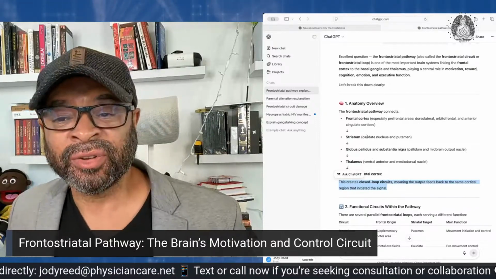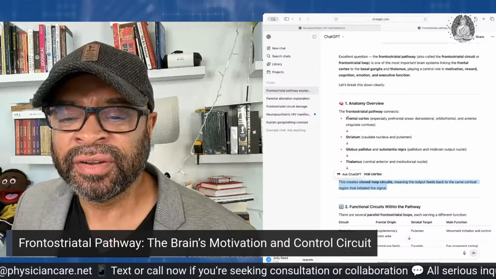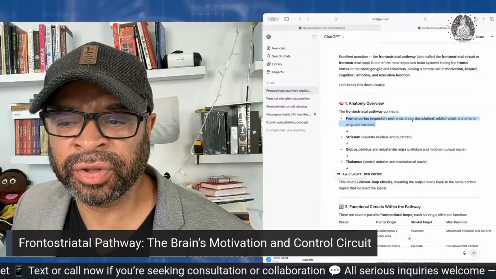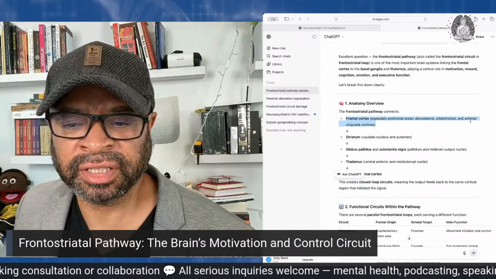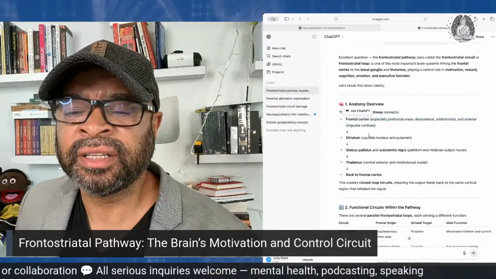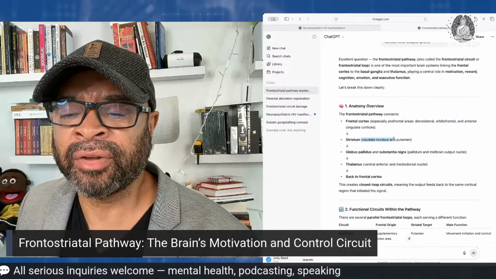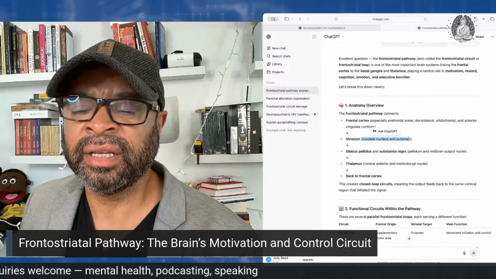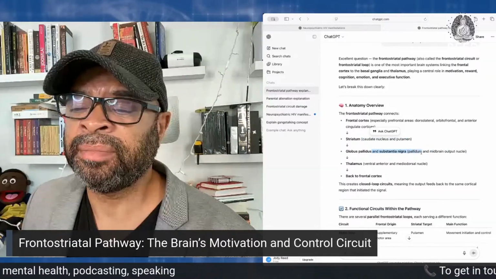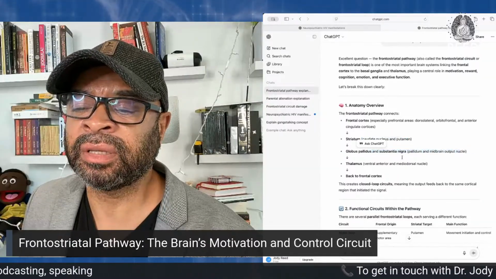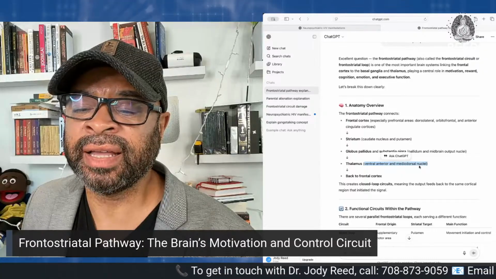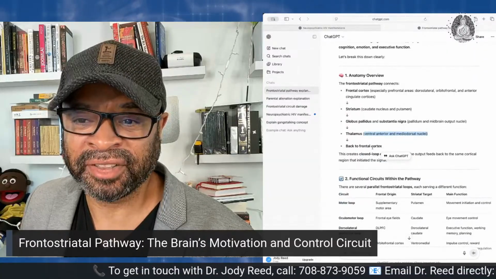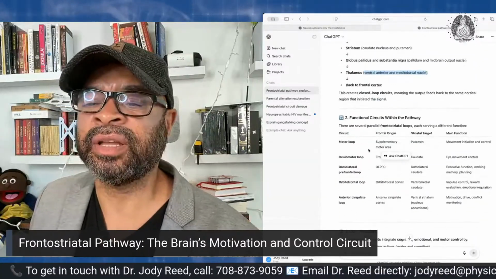The frontostriatal loop: the frontal lobe, especially the prefrontal areas such as the dorsolateral, orbitofrontal, and anterior cingulate cortices; next the striatum, the caudate nucleus and the putamen; then the globus pallidus and the midbrain substantia nigra, and the ventral anterior and mediodorsal nuclei of the thalamus.